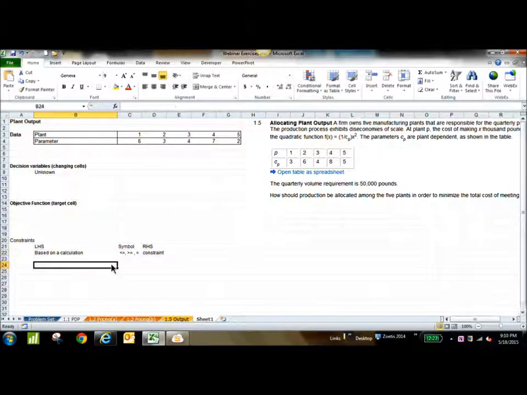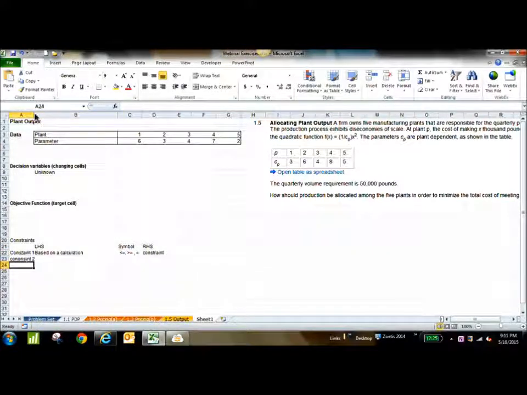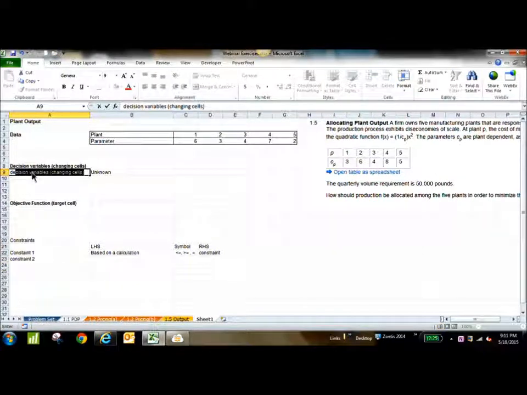Can you have just one constraint? No, you can have constraint number 1, constraint number 2. You can have multiple constraints. Can you have multiple decision variables? Yes, you can have decision variable number 1, so you can have multiple decision variables.